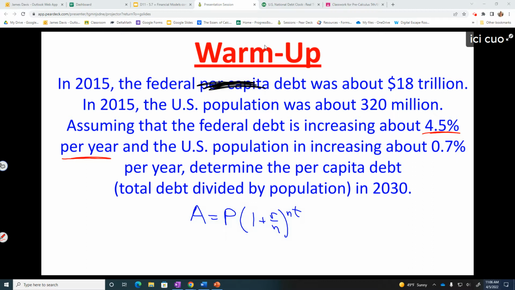All right, so take a second and see if you can type that in. And again, this will be what the projected national debt is in the year 2030.